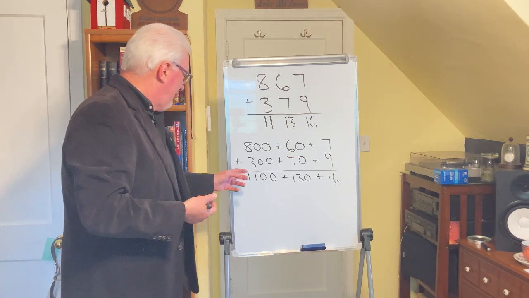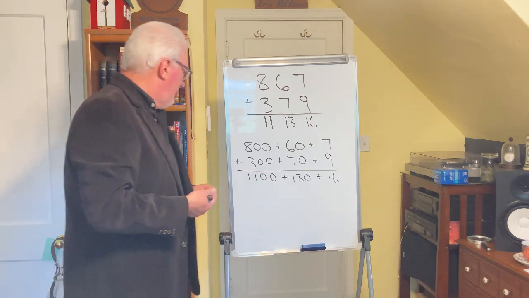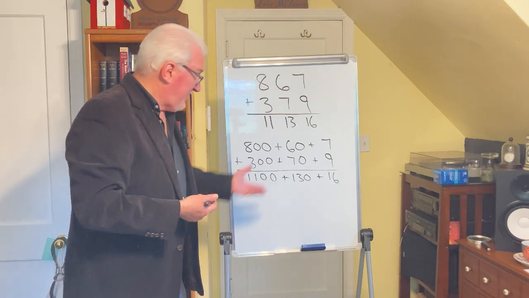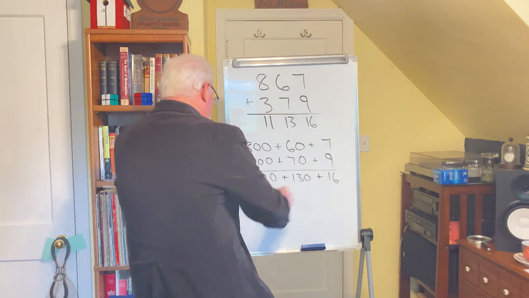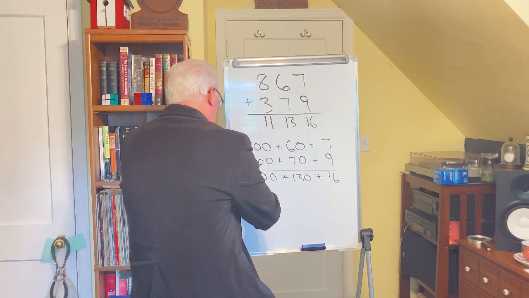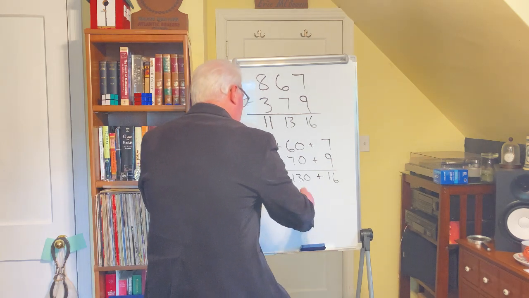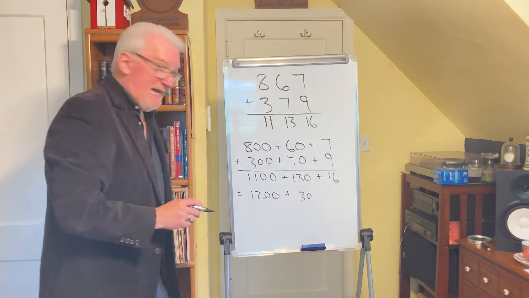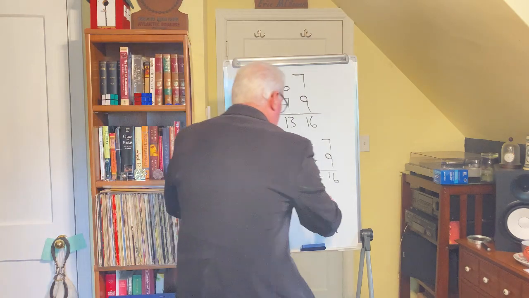So instead of 1100 in this column, we actually have 1200. 1100 and 100 is 1200. So we could re-express this, right? This is the same as 1200 plus 30. Remember, we took the 100 and we added it to the 1100 to give us 1200 over here, plus the 16.